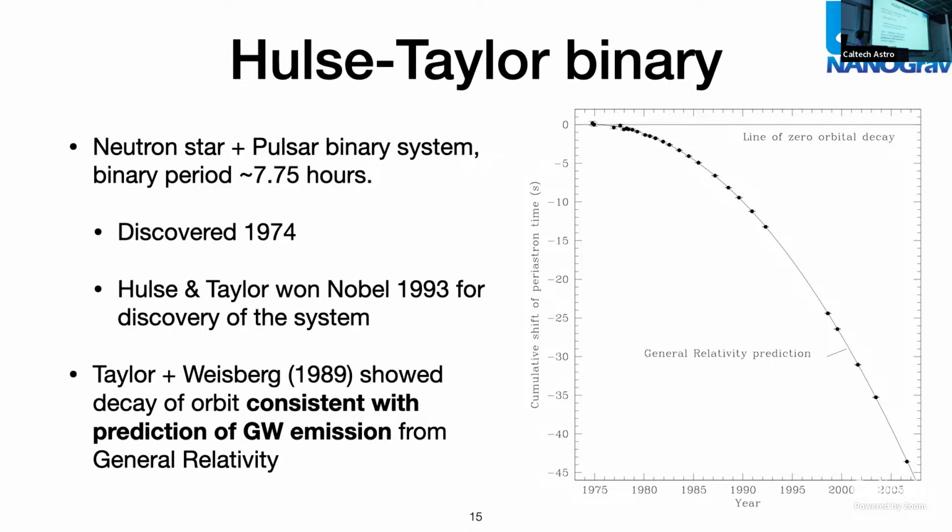I think a lot of people are familiar with the Hulse-Taylor binary. It was discovered in 1974, and Hulse and Taylor were awarded the Nobel Prize for the discovery of the system in 1993. And the hardening of this orbit, the decay of the orbital period that you see, is consistent with that binary emitting gravitational waves.